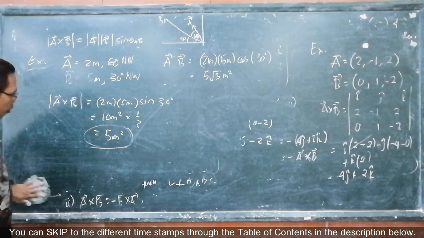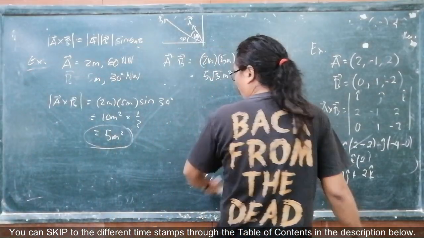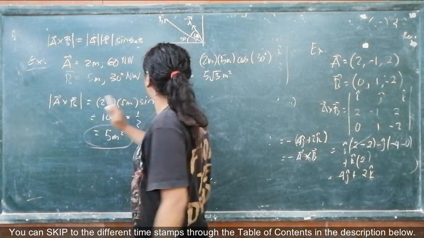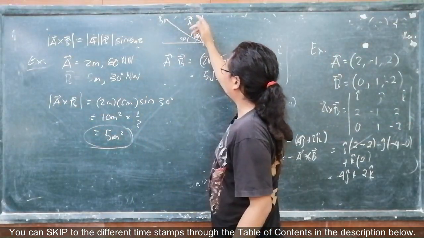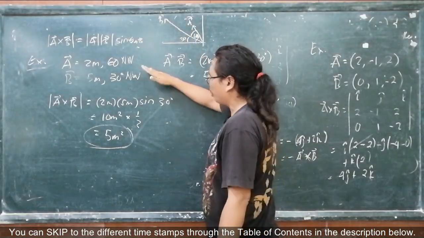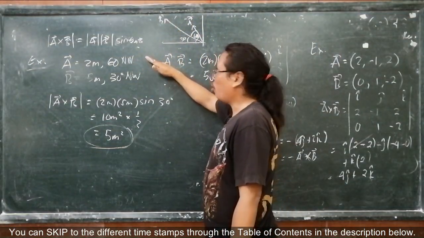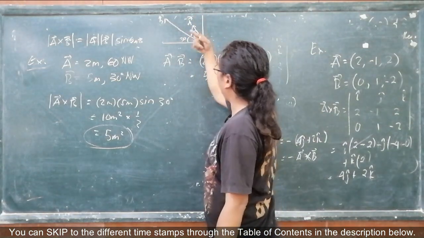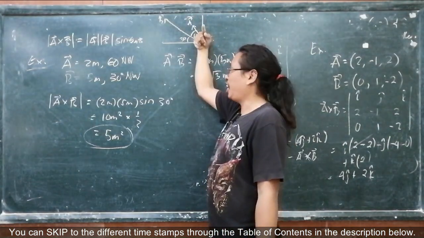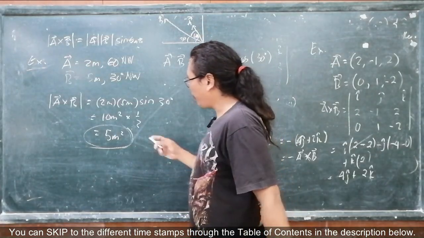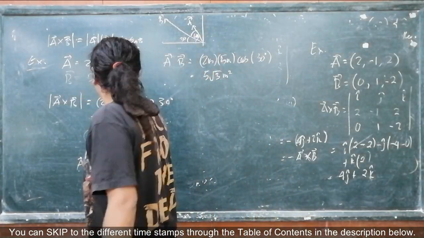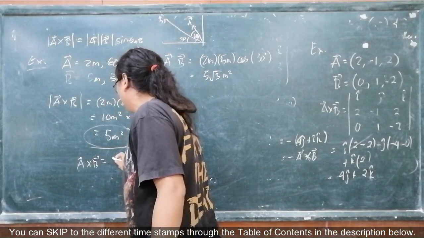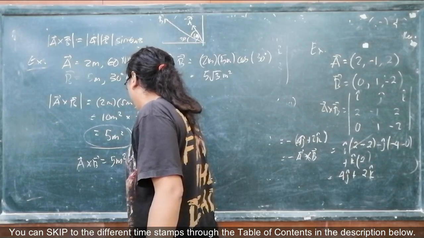Now, what's the direction of this? Of course, since the two vectors lie on the surface of the board alone, A cross B is directed outside the board. That's the direction. So if this is i, j, k, we can just think of A cross B as 5 meters squared k hat.